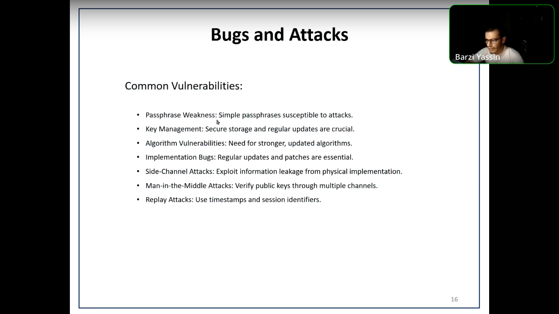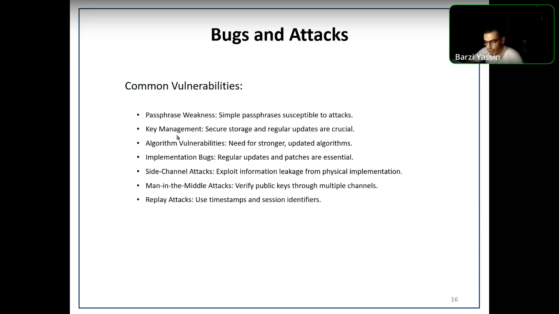Now we can head to bugs and attacks. Actually, I've listed some common vulnerabilities. First one is passphrase weakness. Simple passphrases are susceptible to attacks. It is more vulnerable. Key management is also another factor.